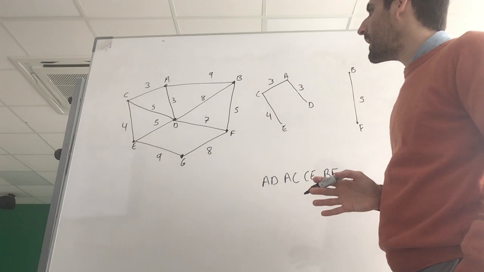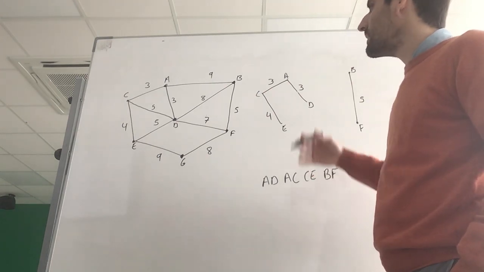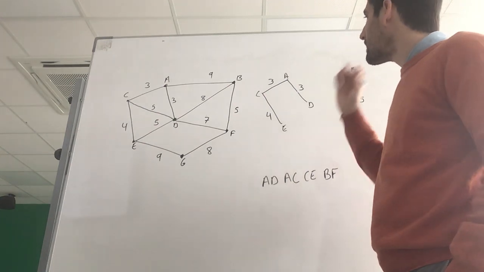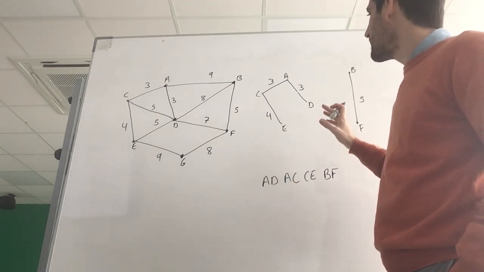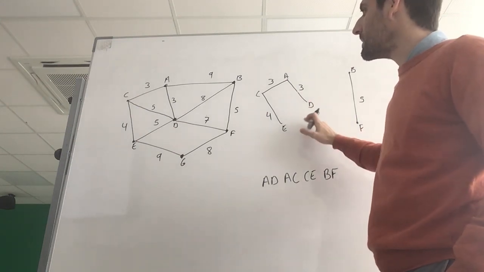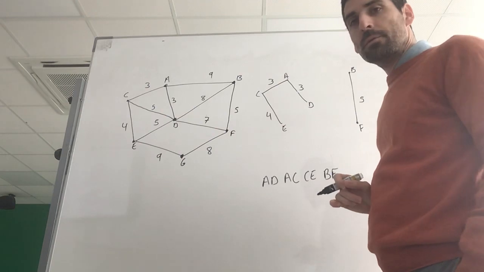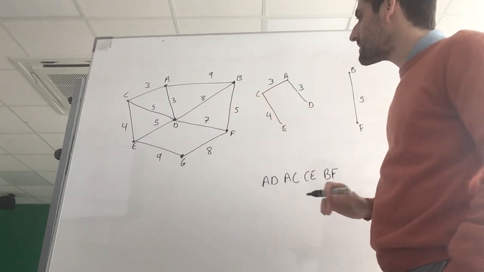Then either I can choose ED or no, actually, because I cannot have any cycles. So I cannot choose ED. I cannot choose CD because I will have cycles in the minimum spanning tree. So I cannot choose any of the 5s.